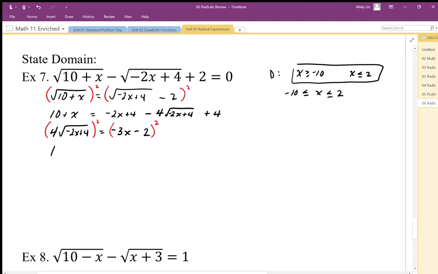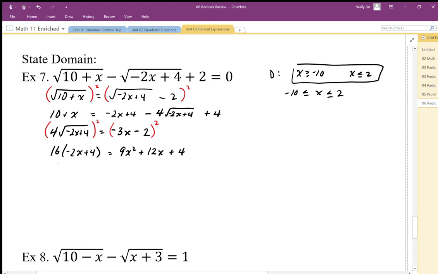So we end up with 16 times -2 plus 2x plus 4. When we distribute this, we get 9x squared plus 3x times 2 is 6x, so we have two of those, plus -2 times -2. So here's our quadratic.